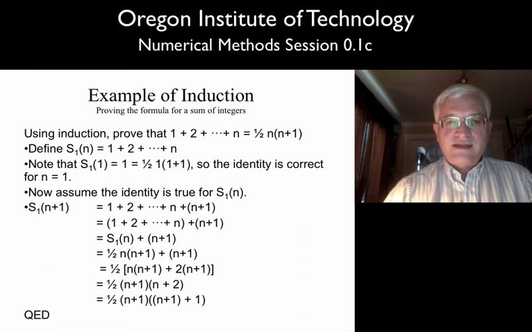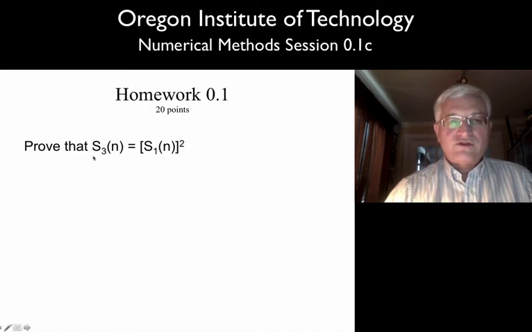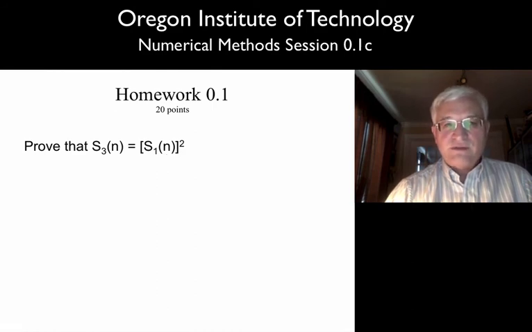Okay, so I think it's time to give one of these a try, and we can stage a homework problem here worth 20 points. And using our newer notation with subscripts, we can define not only s sub 1 of n, but we could define s sub 2 of n as being the sum of the squares of the integers, or we could define s sub 3 of n as being the sum of the cubes of those integers.